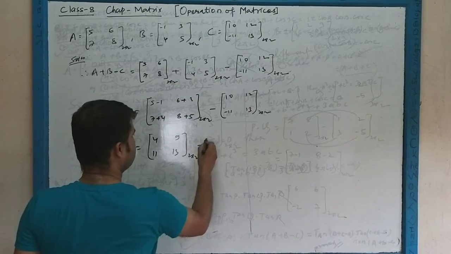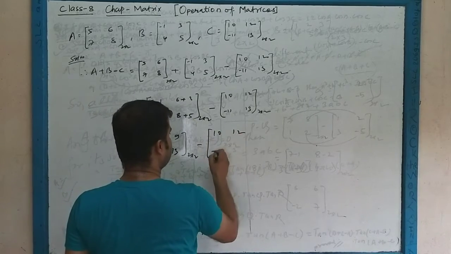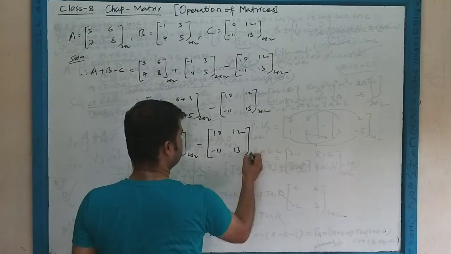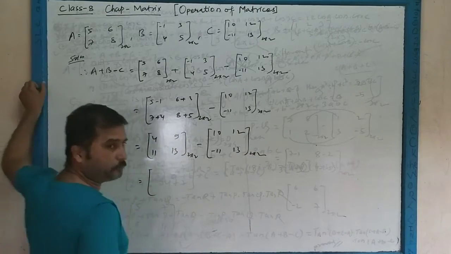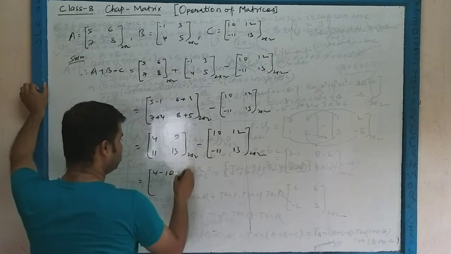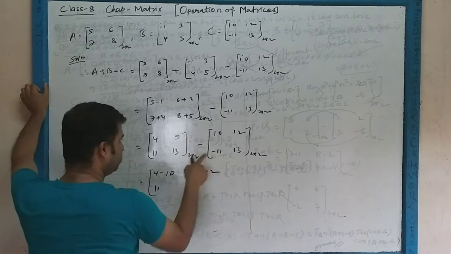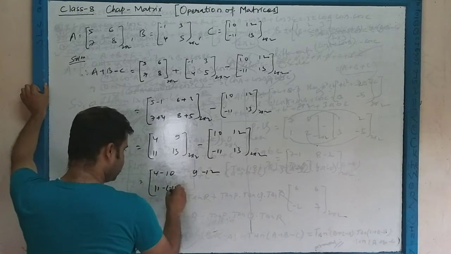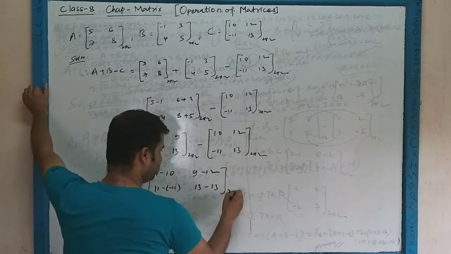It's 2 by 2, minus 10, 12, minus 11 and 13. It's also 2 by 2. So now you subtract. So 4 minus 10, 9 minus 12, 11 minus minus 11, and 13 minus 13, 2 by 2.